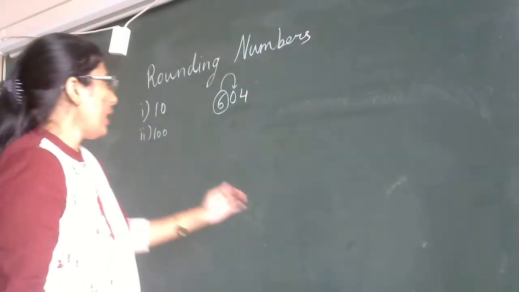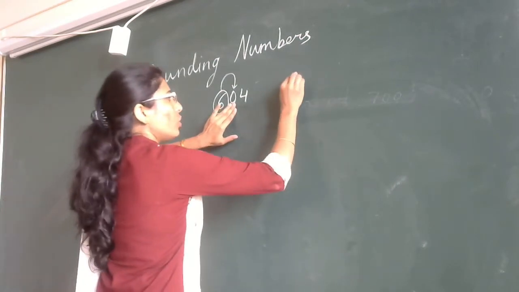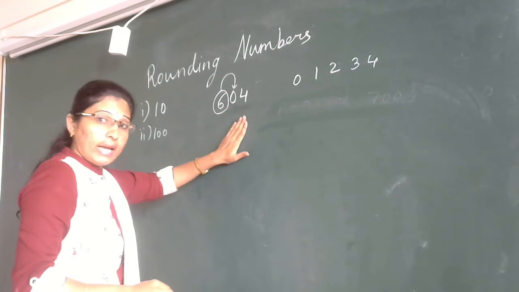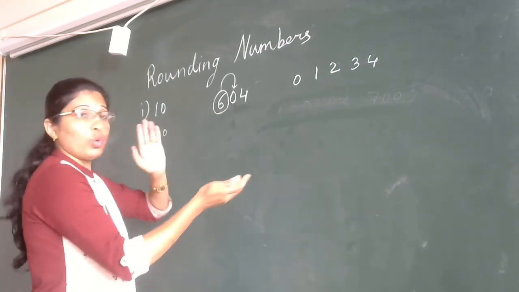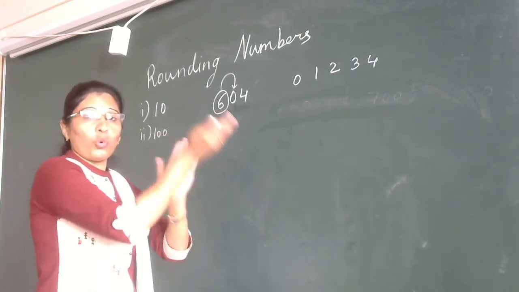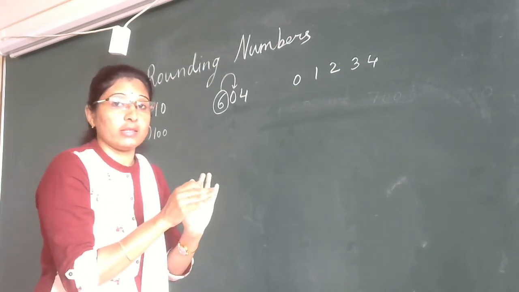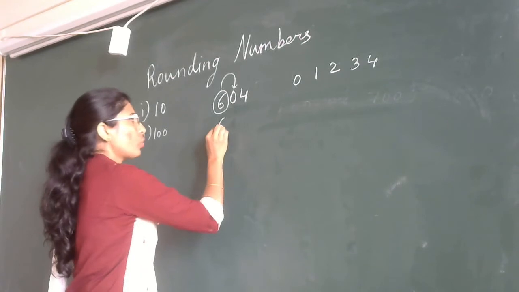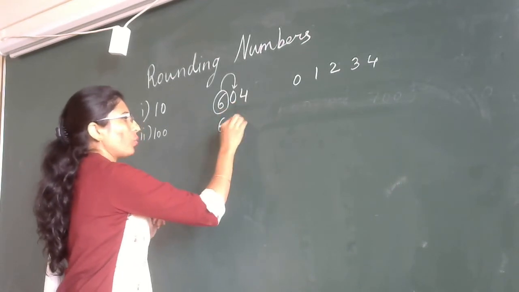So when here 0, 1, 2, 3, 4 are there, that time the number remains as it is. It will not change. So here it will become 6 only and these two will become 0.